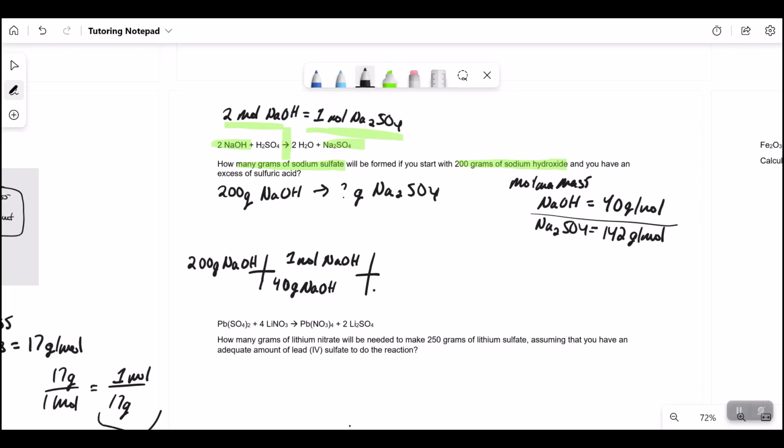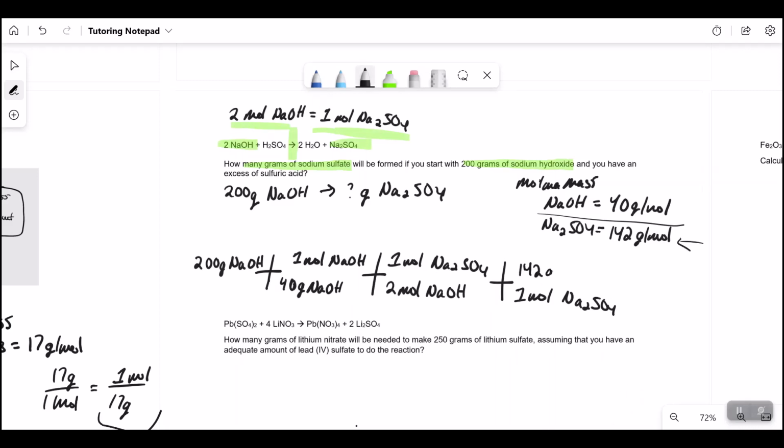So we would have 2 moles of NaOH to 1 mole of Na2SO4. Then we want our moles to cancel because we want to end in grams of Na2SO4. So we look at our other molar mass, and we know that 1 mole of Na2SO4 is equal to 142 grams of Na2SO4.